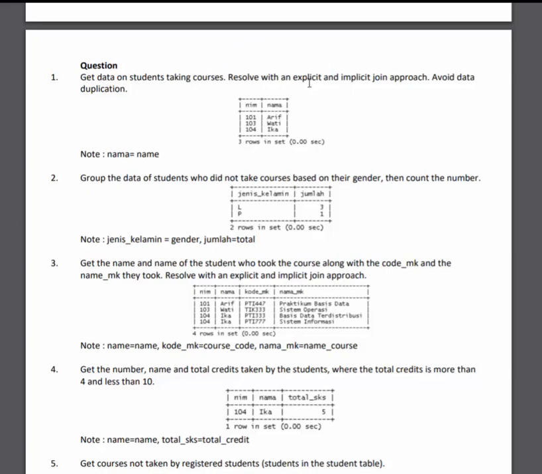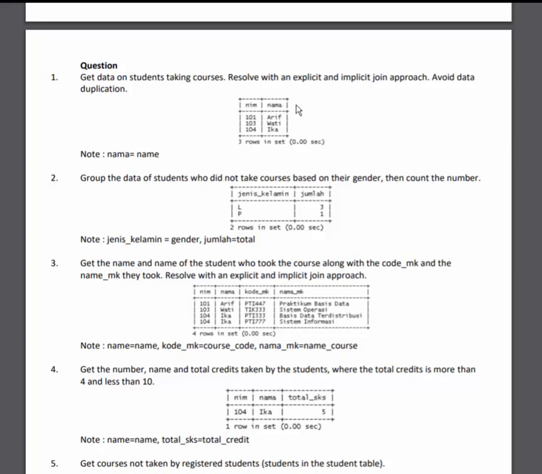For the implicit join approach, you must select with a where statement. From my explanation before in this video, we have two kinds of selection: inner join, which is explicit, and implicit, which uses where.